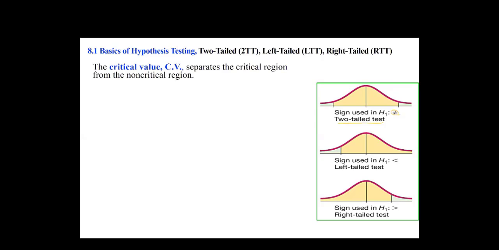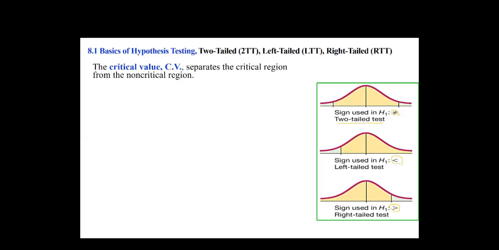Look at the second one and the third one. First of all, both of them are only one tail test. The second one is left tail test, and it uses less than. And the last one, right tail test, uses the symbol greater than.